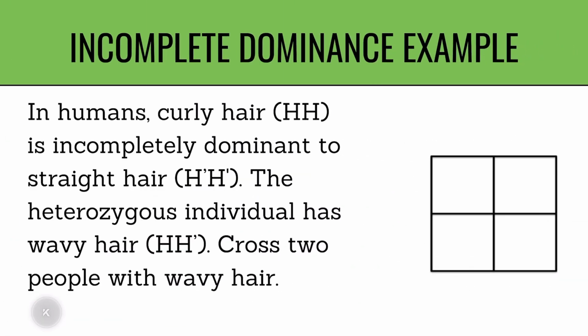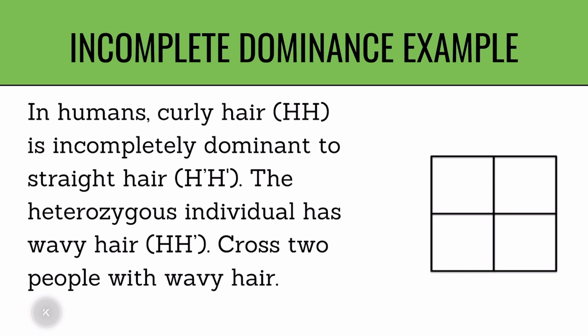So let's look at a practice example on this one. In humans, curly hair is incompletely dominant to straight hair. Here it's giving me how to notate these on my Punnett square. It's saying that curly hair is just a regular H and straight hair is an H with an apostrophe on it. It doesn't really matter how you notate these as long as you make them different so you can distinguish them.